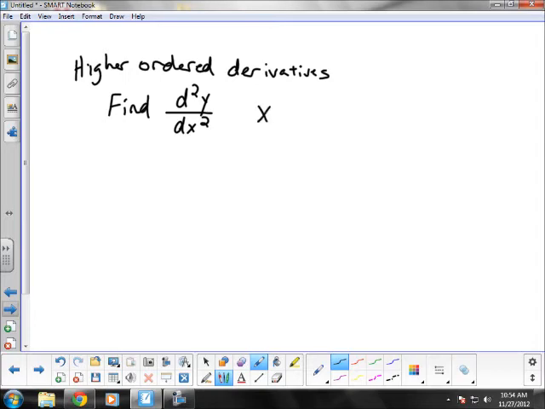So I've got x squared plus y squared equals 1. Okay, move the x, so we've got y squared is equal to 1 minus x squared.